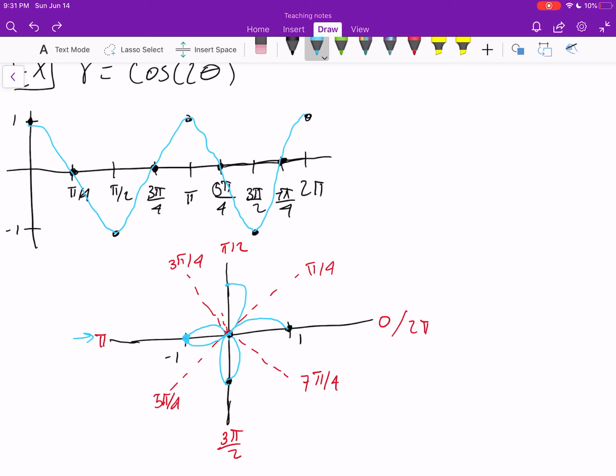So I'm up there. 3 pi over 2 to 7 pi over 4. Oh, okay, I see what's going on. Yeah, 3 pi over 2. So that was right. And then from 7 pi over 4 to 2 pi, okay, I see what I was doing. I'm going to go along that one again.